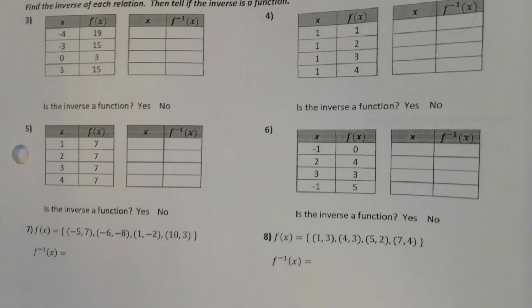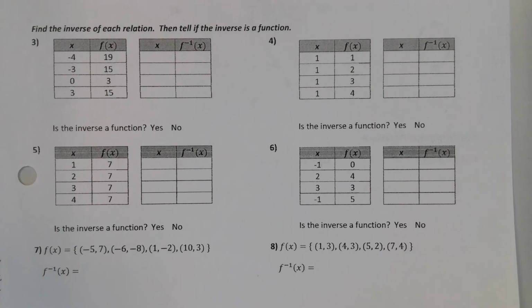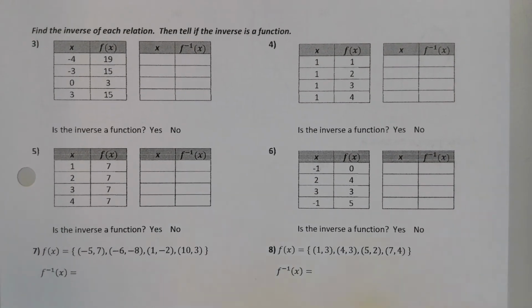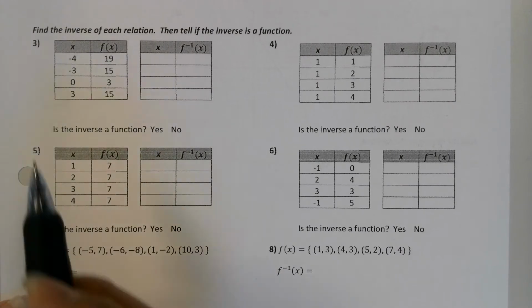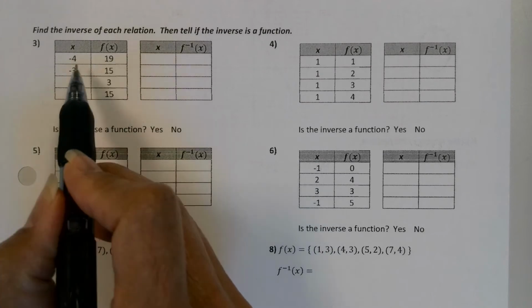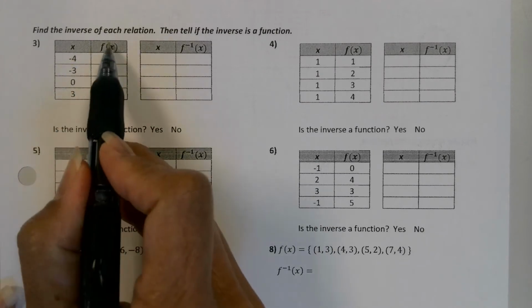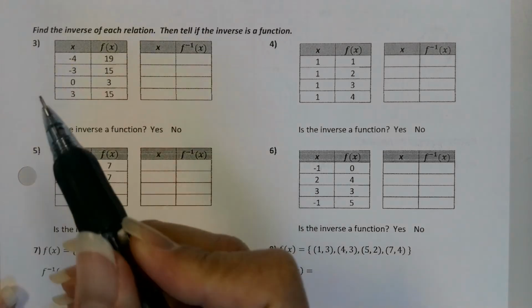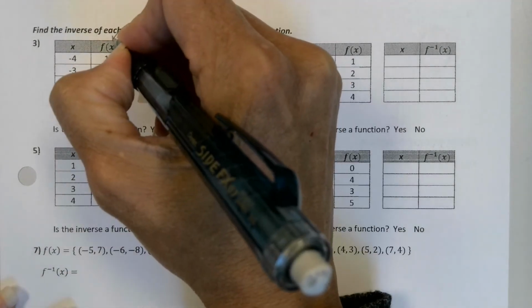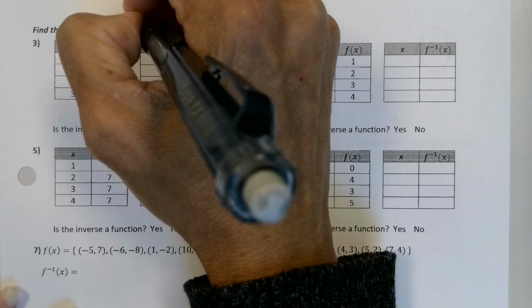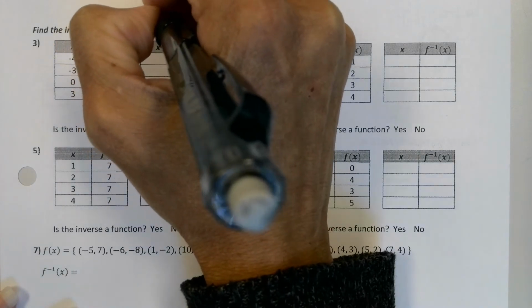Our first visual, let's look at number 3. Here are the points displayed for our x and f of x function. These are the x and y coordinates of 4 different points sitting on this graph. Recall that I've always told you that f of x is our range value, or if you want to think of it as our y value.